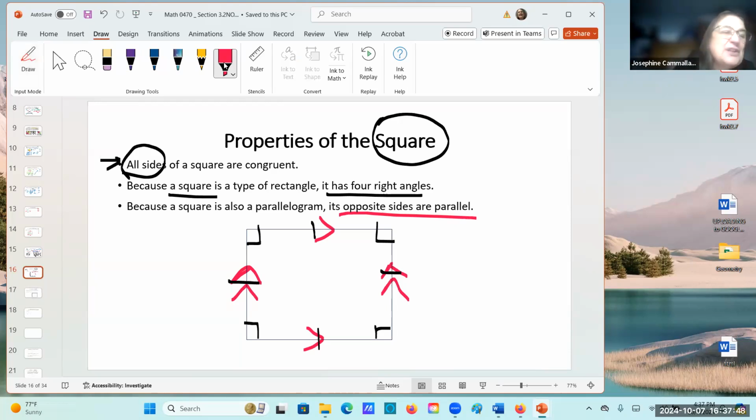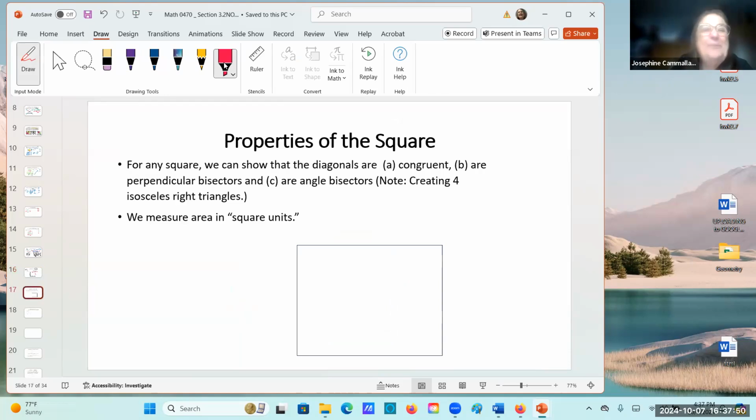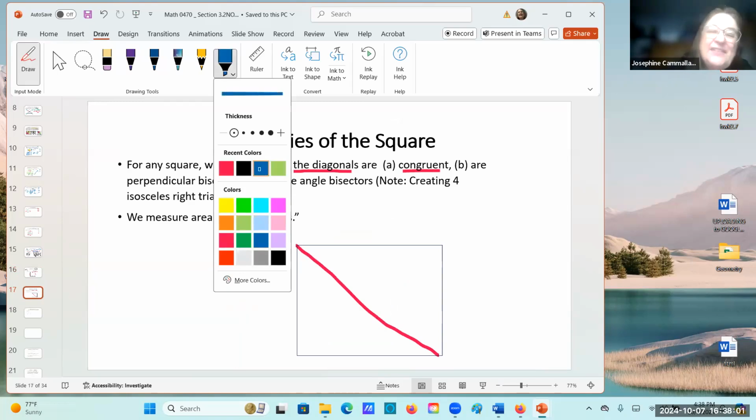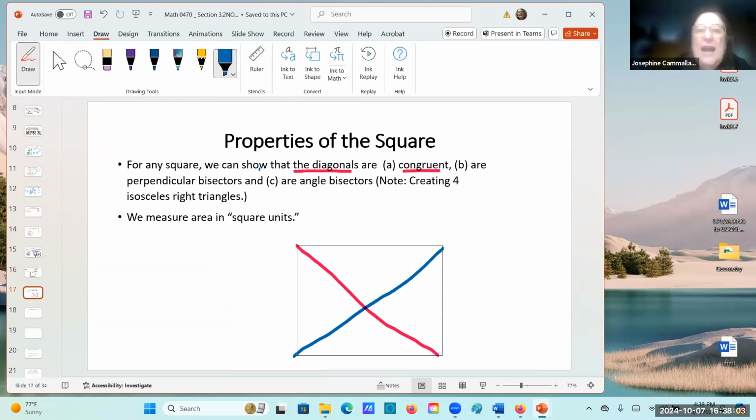Now, the square, okay, all of the diagonals are congruent. That means this red and this blue are equal. Now, this is a definite, like the rhombus.